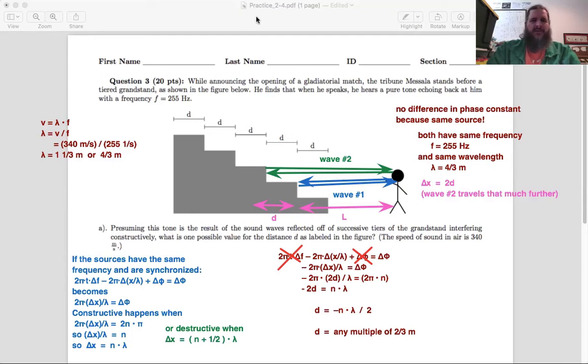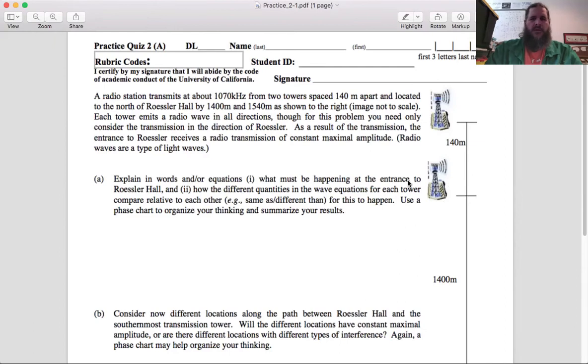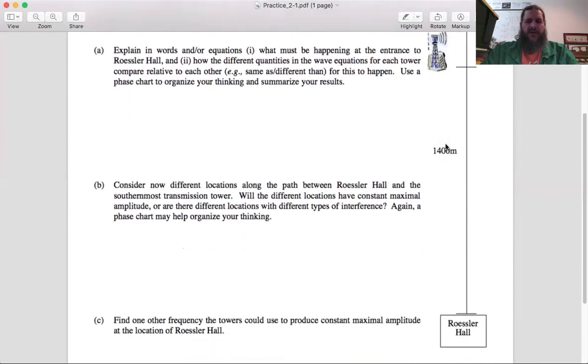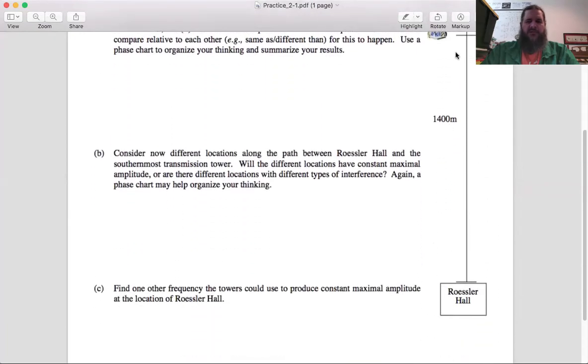Let me pull up a different one here. So in this one, we've got 2 radio stations. We know they're 140 meters apart. And we also know that you're standing at Ressler Hall 1,400 meters further beyond one of them.